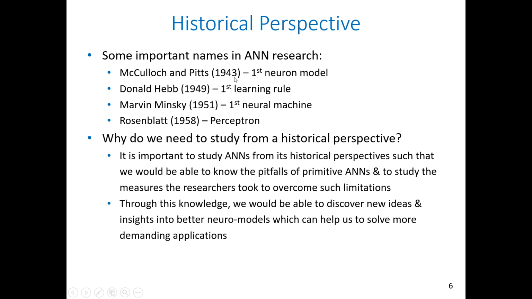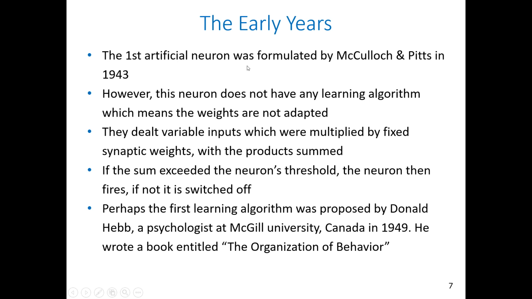McCulloch and Pitts in 1943, they came up with the first neuron model. Donald Hebb, first learning rule. Marvin Minsky, the first neuron machine. Rosenblatt in 1958 came up with the perceptron. So the first artificial neuron was formulated by McCulloch and Pitts in 1943. However, this does not have any learning algorithm, which means the weights are not adapted.